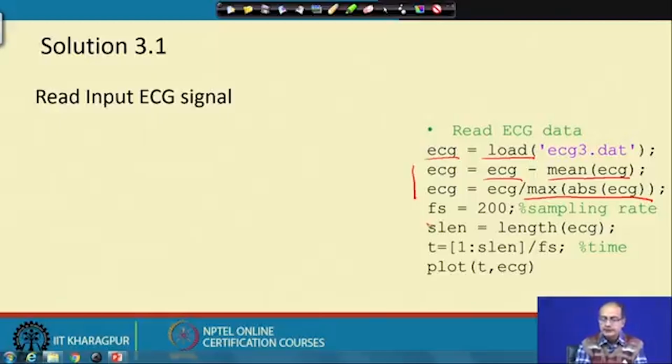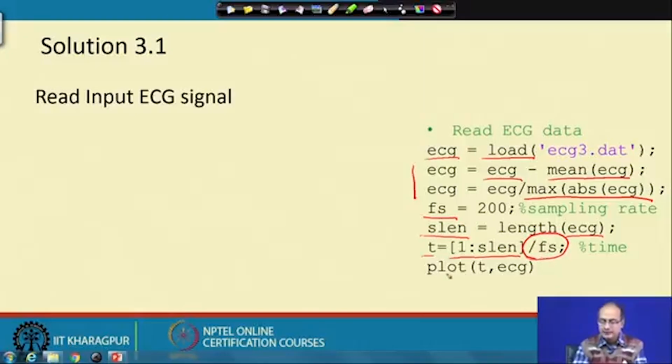Next, we note the sampling frequency and look at how many samples there are. The length function gives the number of samples in the vector ECG. Then we create the time index required for the plot. For the time index, first we write down the sample number, then multiply it with 1 by Fs to get the time instances.